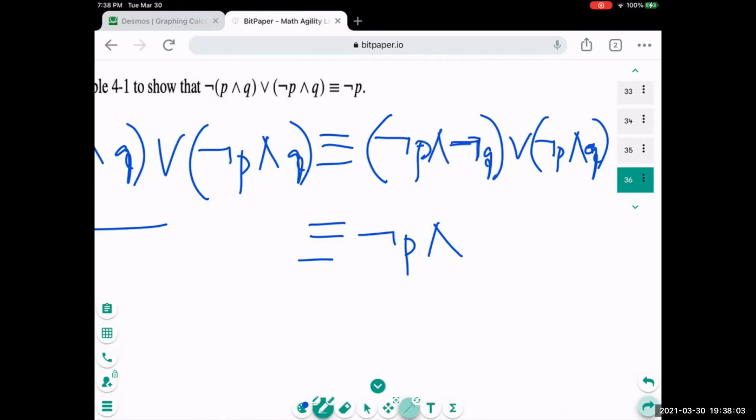Dapat ano siya, conjunction. So both conjunction yung nasa loob ng De Morgan's Law. Right?